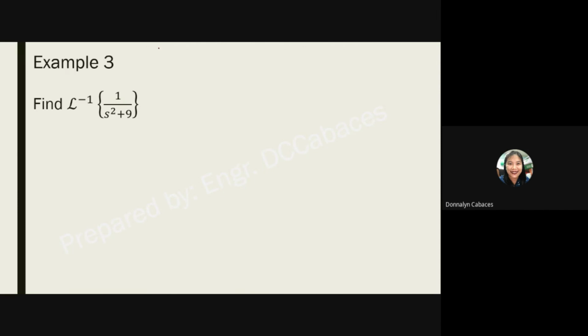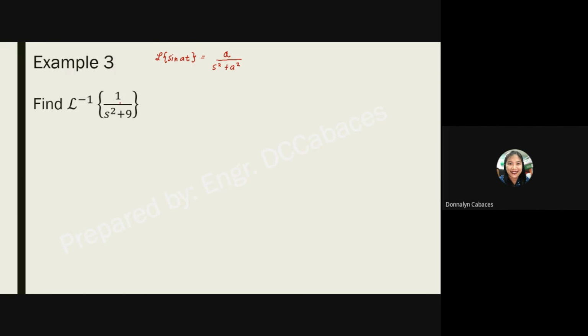So let us write here what is the Laplace transform of sine of at. That is equal to a over s squared plus a squared. But in the denominator, you have s squared plus 9. So it means that our a is 3. So the numerator should be 3, but you have here 1.